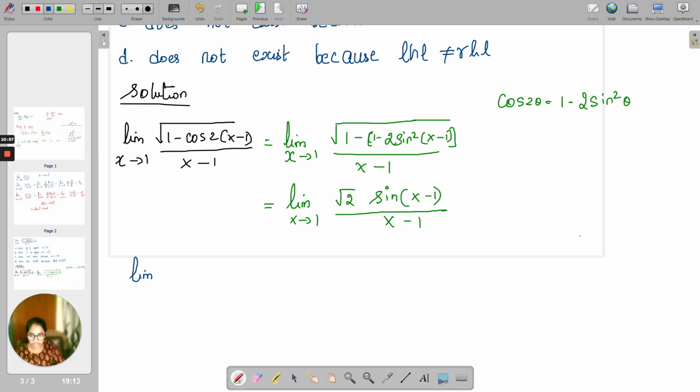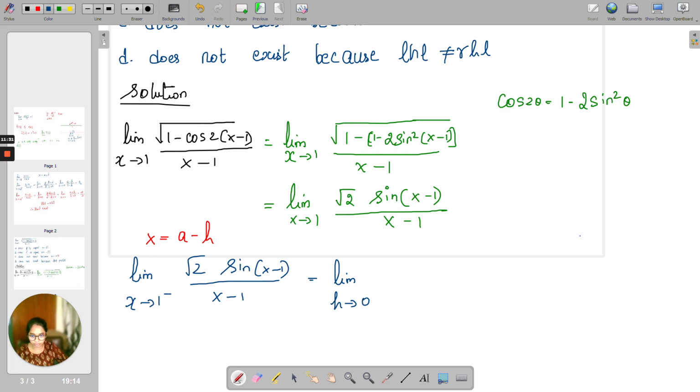Left hand limit, that is limit x tending to 1 minus, square root of 2 sine x minus 1 divided by x minus 1, is equal to limit, I would have to replace it with h tending to 0. So for the left hand limit, I would replace x with a minus h, right? So what do we have in the place of a here?